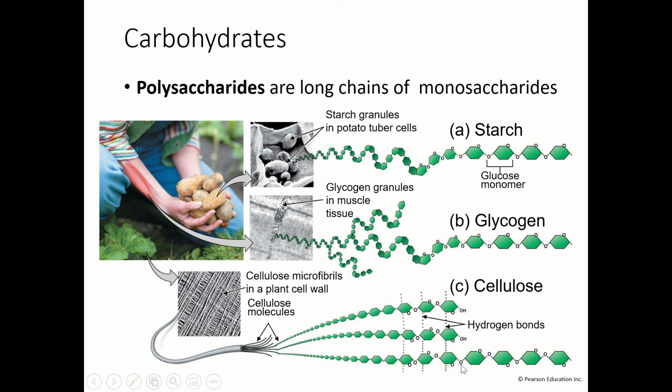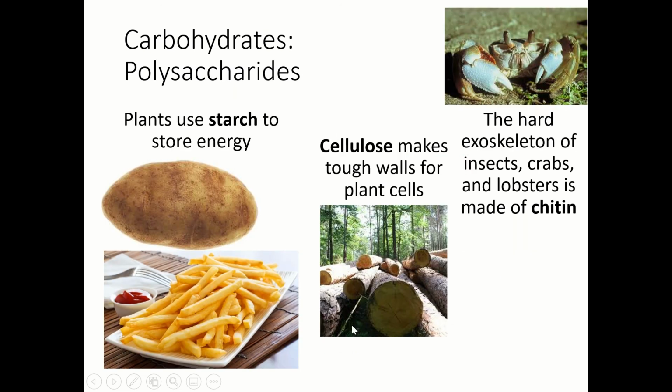Cellulose is made by plants, and we actually can't break the bonds between these cellulose fibers. But cellulose makes plants very, very strong. It creates cell walls in plants, and we'll come back to that when we do cells. It's the stuff that makes plants stand up. Trees are primarily cellulose.